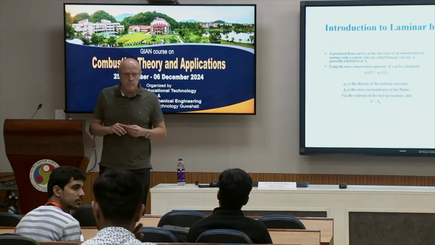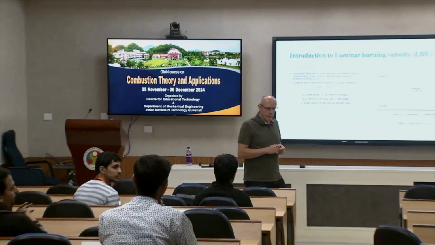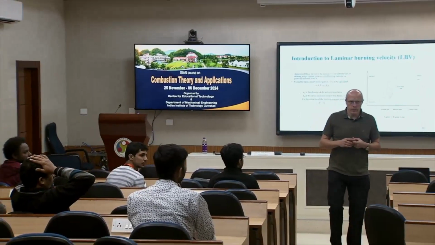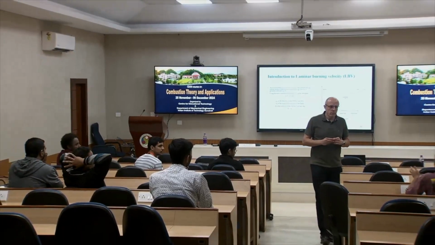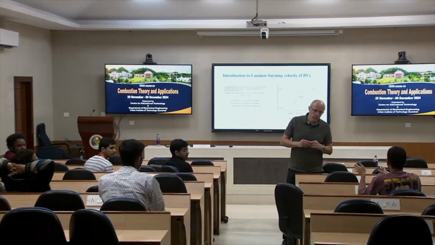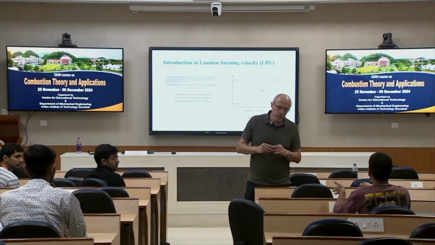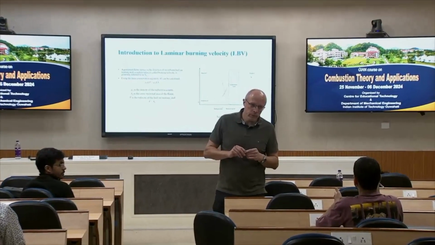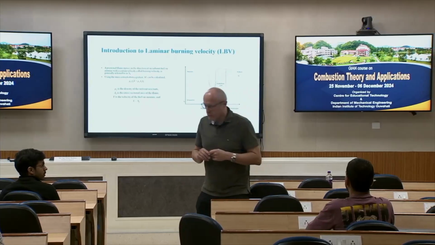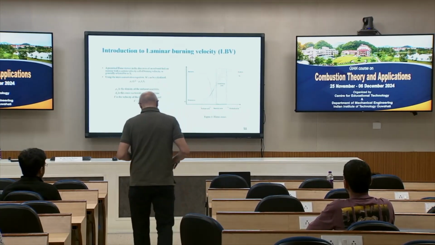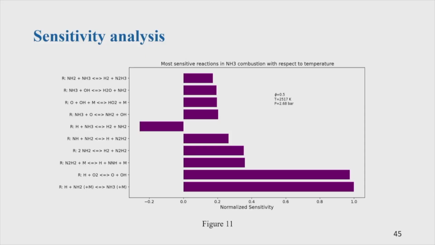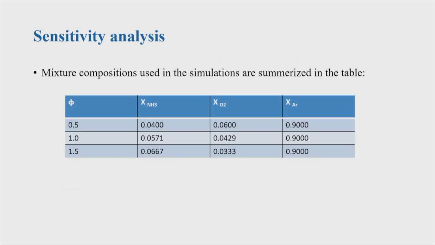Sir, one more doubt. Is it possible to calculate the temperature of the product at last we get? Product temperature, reactant temperature and pressure we already know, initial condition. Mm-hmm. What about product temperature and product pressure at last we get? So this, Professor Zahu has explained tomorrow in the morning when you consider this adiabatic flame temperature.